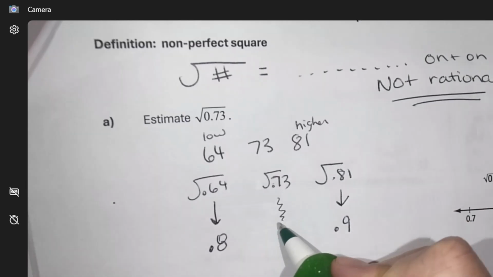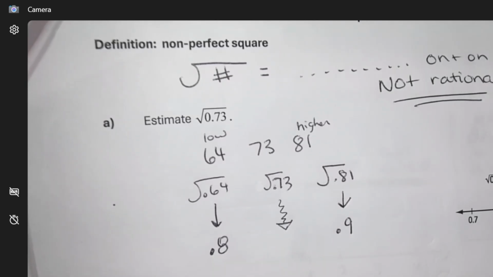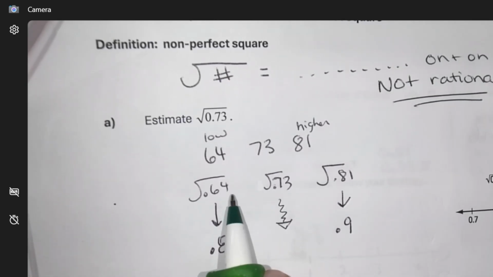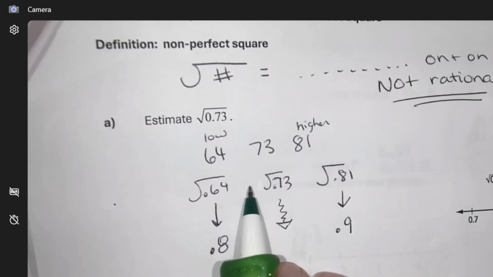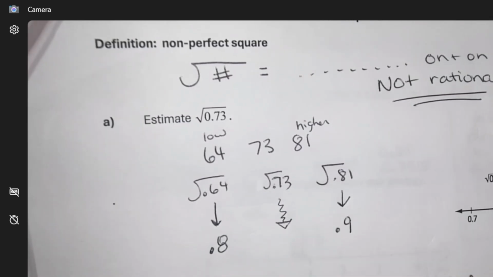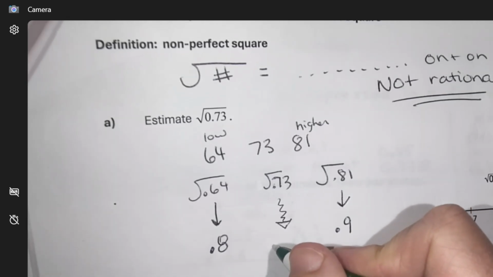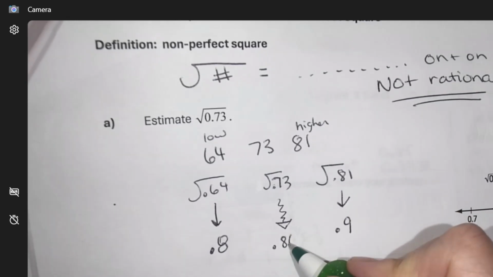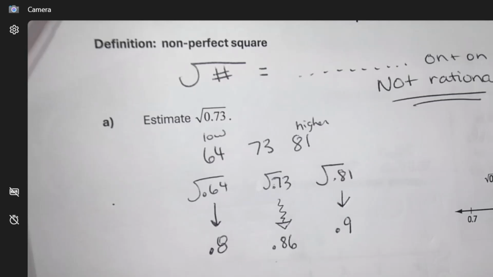Okay, estimate. Which one are we leaning closer to? Are we kind of middle-ish? I think it'll be 0.86 something. You're thinking 0.86-ish? Okay, should we check?